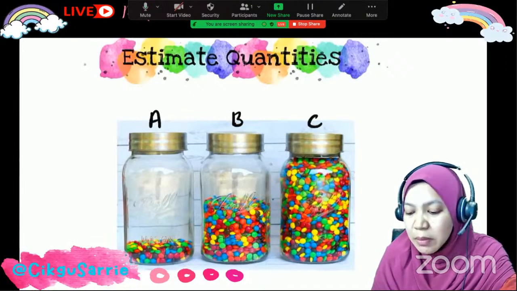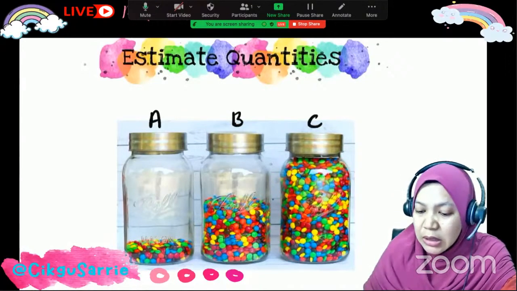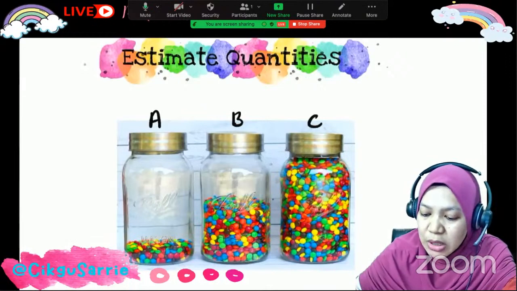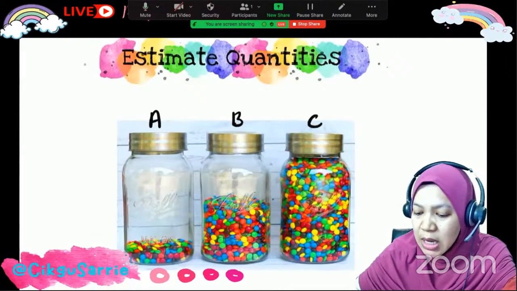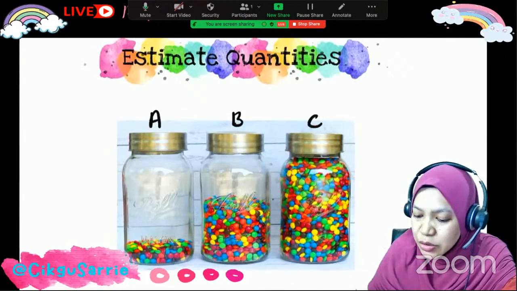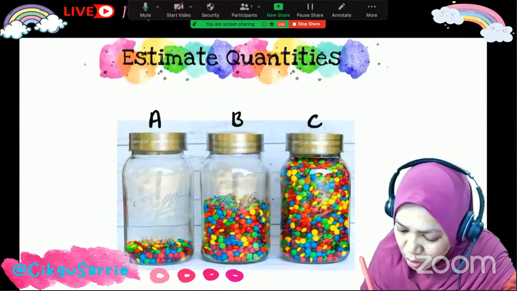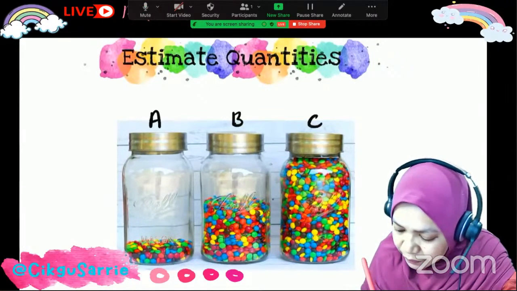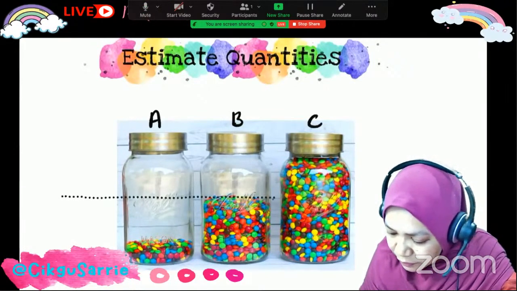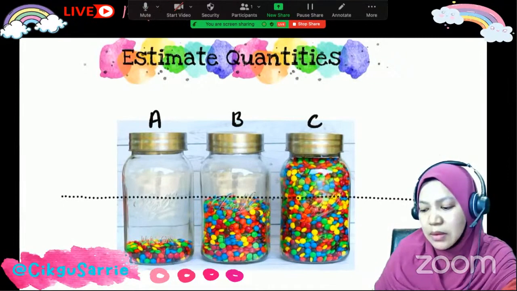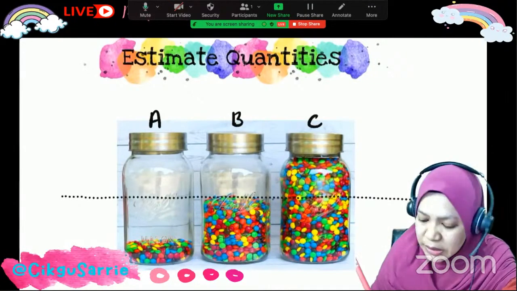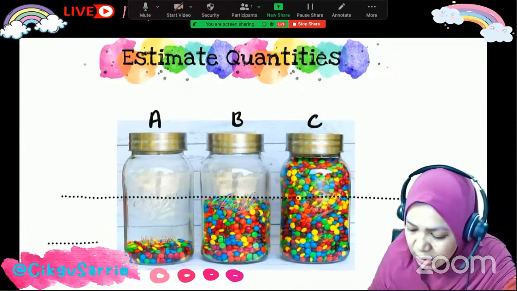How about bottle B? Now we try to draw the dotted line. I will use the red one, or maybe I use the black one. Now I will draw the dotted line, and this one here, I will draw the dotted line.